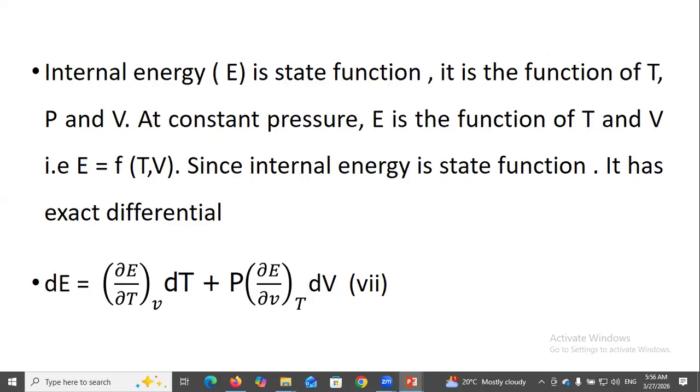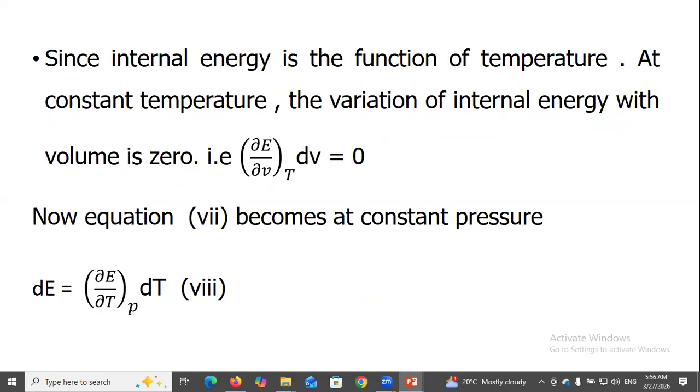Internal energy E is a state function. It is a function of temperature, pressure, and volume. At constant pressure it is a function of temperature and volume, that is E equal to E(T, V). Since internal energy is a state function, it has the exact differential dE equal to (∂E/∂T)v dT plus (∂E/∂V)T dV. Since internal energy is a function of temperature only, at constant temperature the variation of internal energy with volume is 0, that is (∂E/∂V)T dV equal to 0.